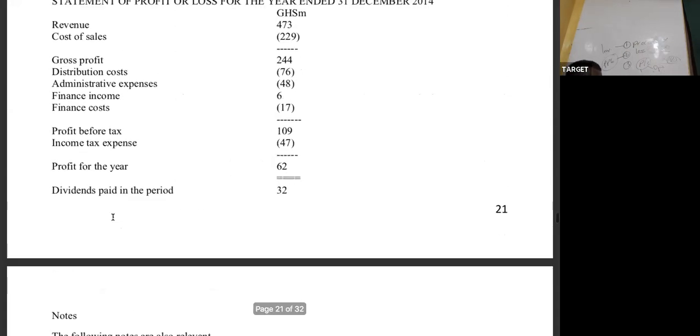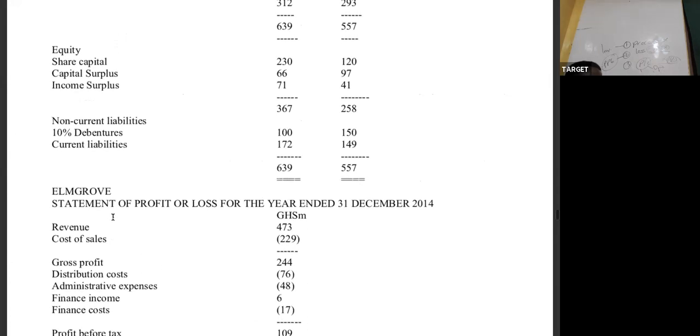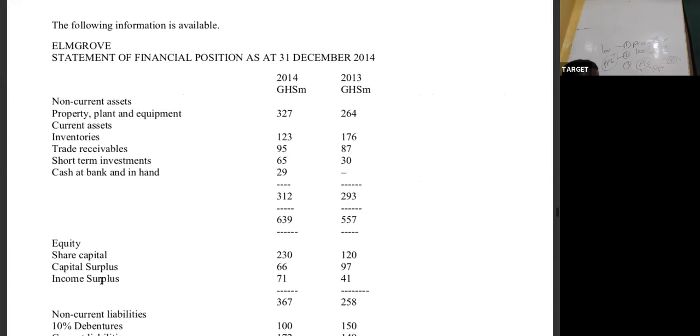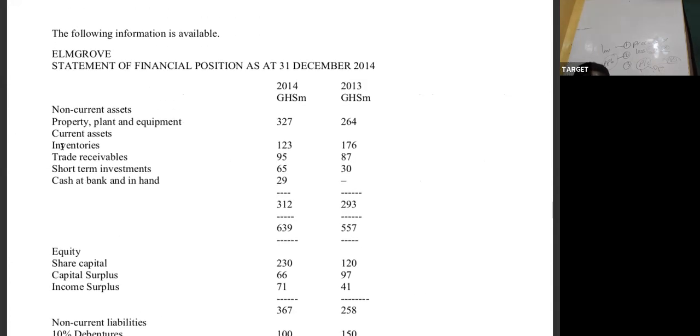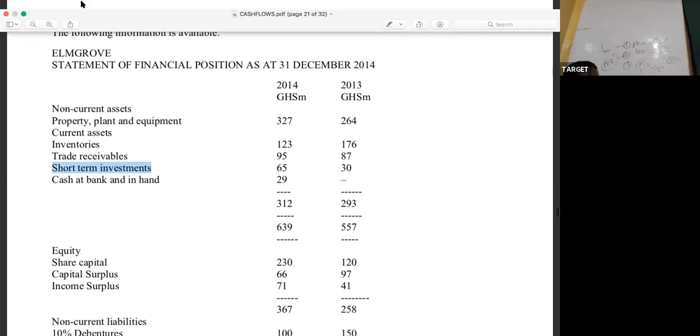Go to the financial position, check the current assets, you see a short-term investment there. It means that this short-term investment should form part of the cash and cash equivalent. That's all. Let's go to the next footnote.